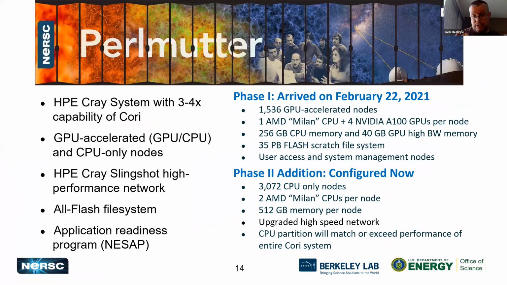Perlmutter, as I talked about a little on the previous slide, is here now. In particular, the GPU nodes are available for the community. Those consist of one AMD Milan CPU and four NVIDIA A100 GPUs per node. The Milan is essentially the CPU that comes before the CPU in Frontier, whereas the A100s are the NVIDIA GPU that follows on from the Summit GPUs.